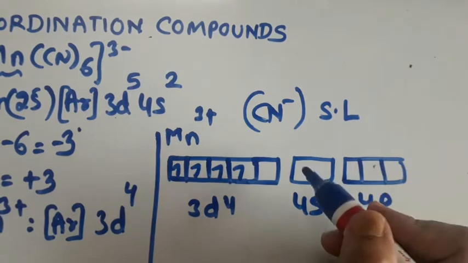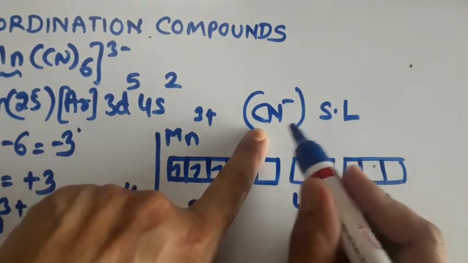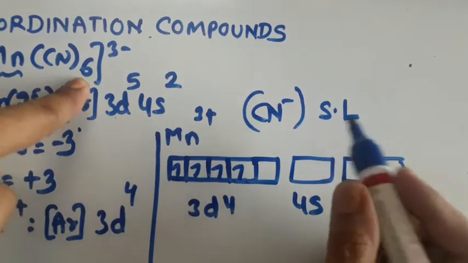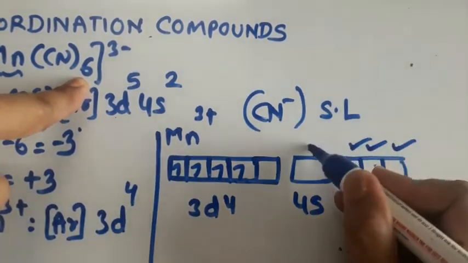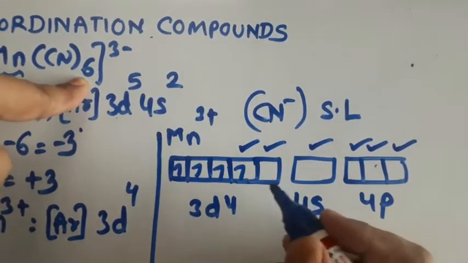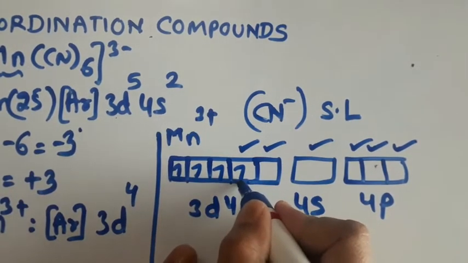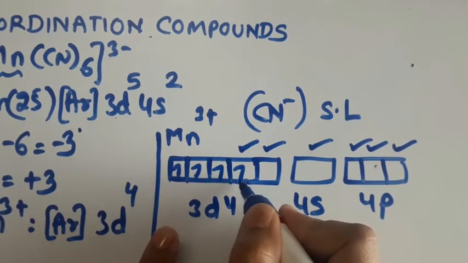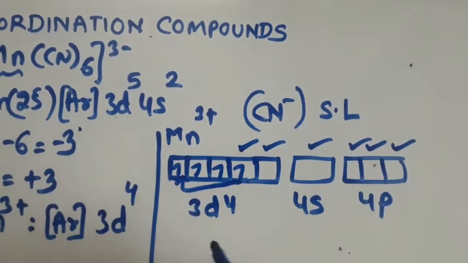Now before pairing of electrons takes place, we have to see how many cyanide anions are there. There are 6, so we need 6 boxes. So 1, 2, 3, 4, 5 and 6. Hence in presence of cyanide ion, what will happen? Electrons from here will be shifted in the inner orbital.